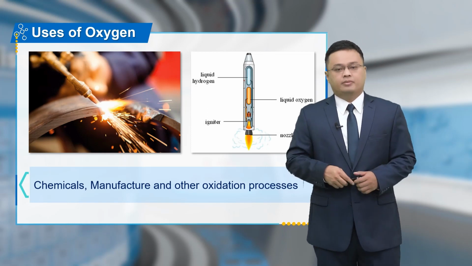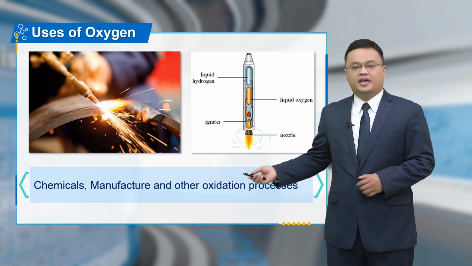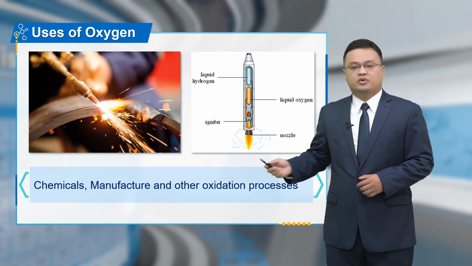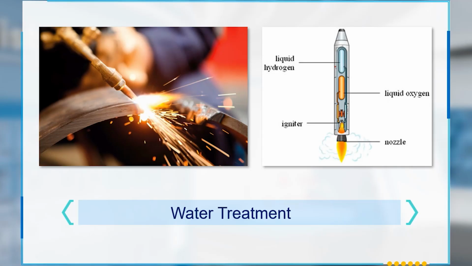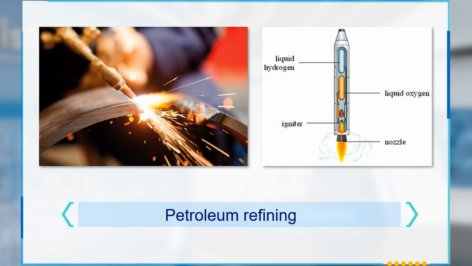Well, by its name, you can also tell that. Therefore, oxygen is widely applied in oxidation reaction processes. Other applications like water treatment, rocket fuel, medical use, petroleum refining are all commonly known.